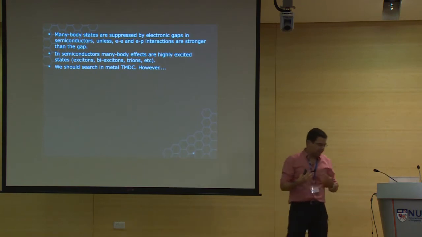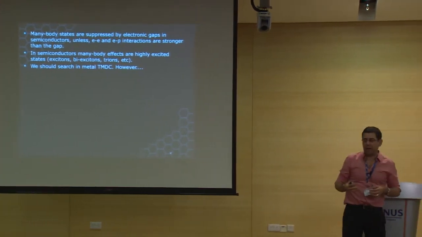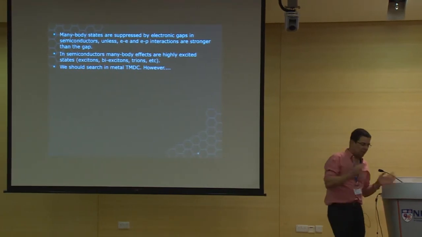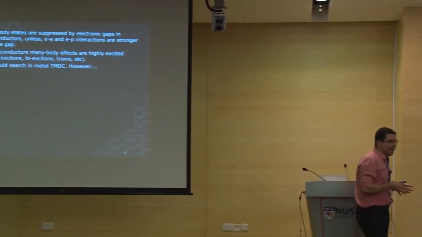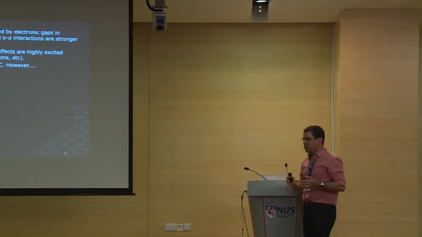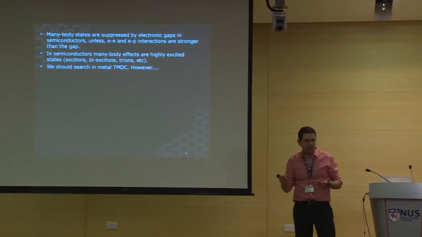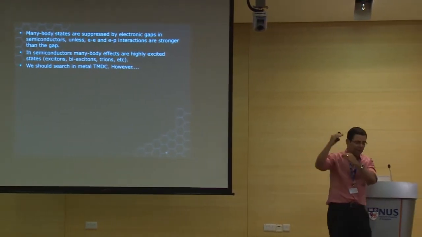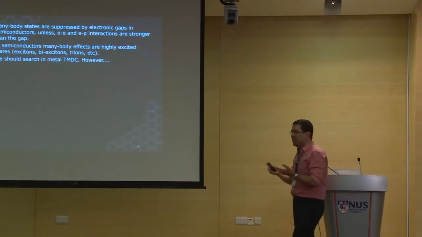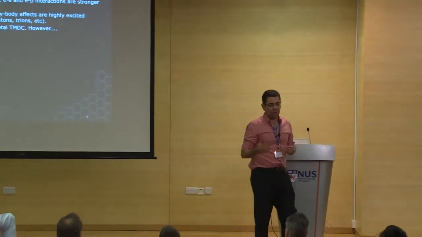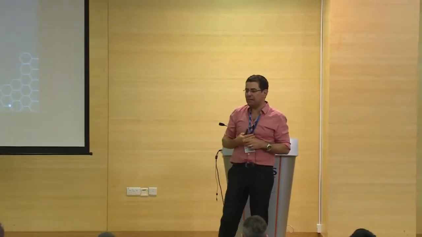Of course, when you have a semiconductor or an insulator, for that matter, the many-body effects, and this goes back to what I was saying in the very beginning, are suppressed. Because once you have a gap in the spectrum, unless the electron-electron interactions or the electron-phonon interactions are bigger than that gap, nothing will happen. So this is why most semiconductors, especially wide-band semiconductors, from the many-body perspective, are vegetables.